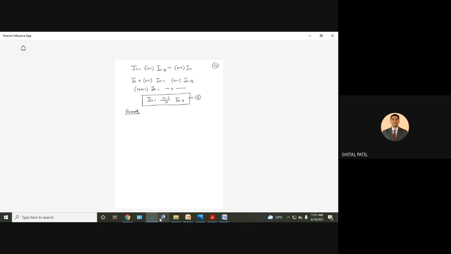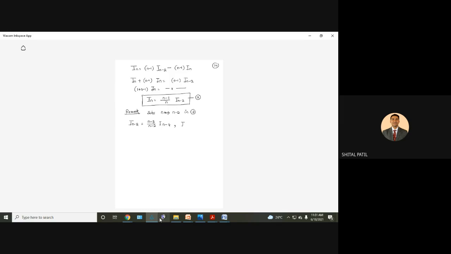A remark. Okay, so I'm doing like this. Substituting n equal to n minus 2 in equation 2. Yes, tell me what will be I_(n minus 2). I_(n minus 2) is (n minus 3) divided by (n minus 2) times I_(n minus 4), isn't it?